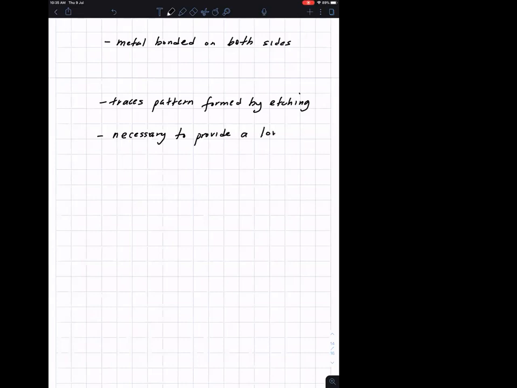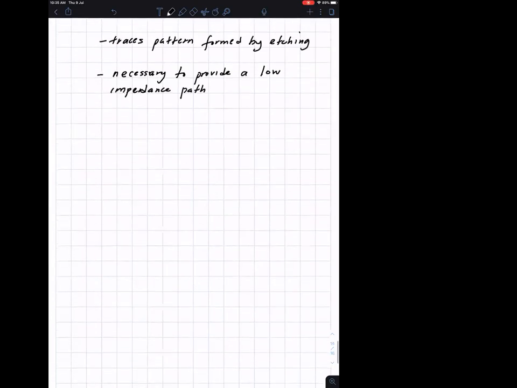But in microwave, it must be a low impedance return path.